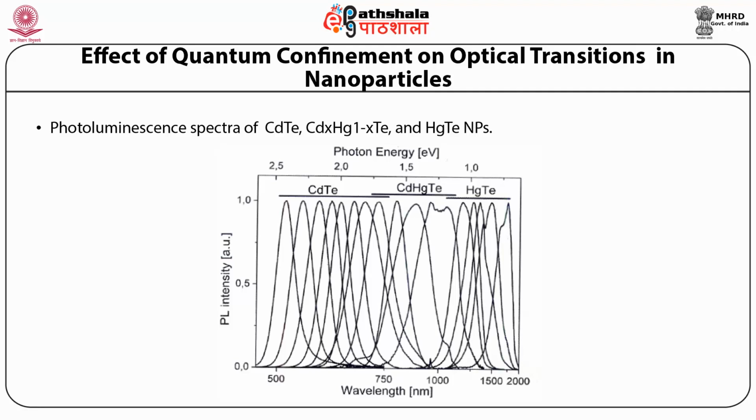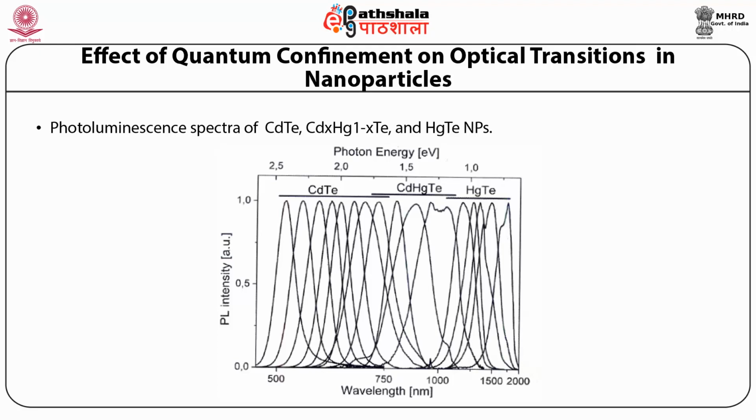In particular, the luminescence spectra of mercury telluride nanocrystals of different sizes cover the spectral region between 1000 and 1800 nanometers, making them potential candidates for application as ultra-broadband optical amplifiers in telecommunications systems.